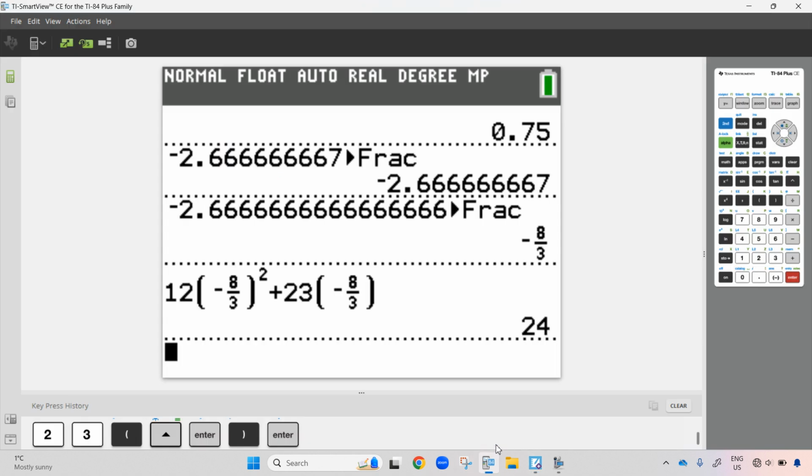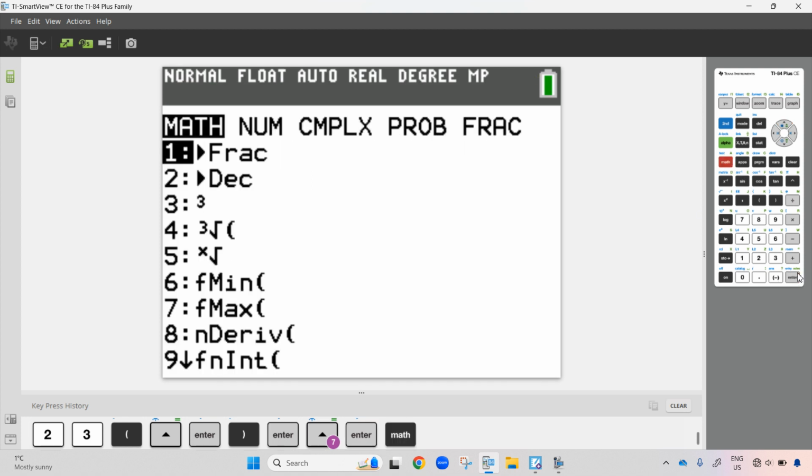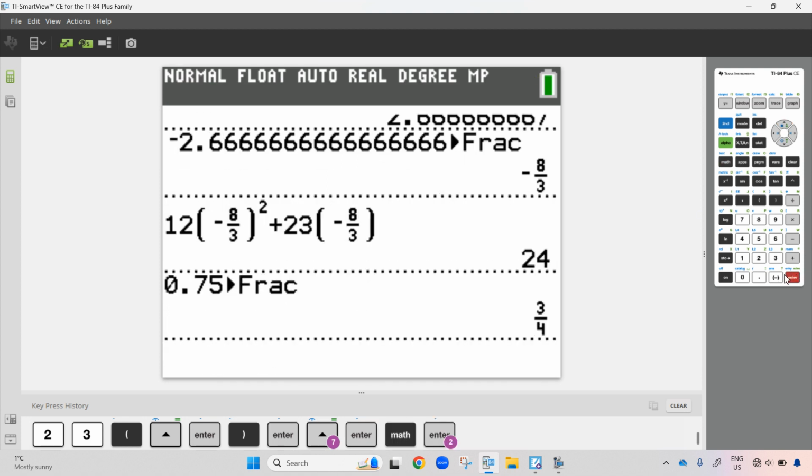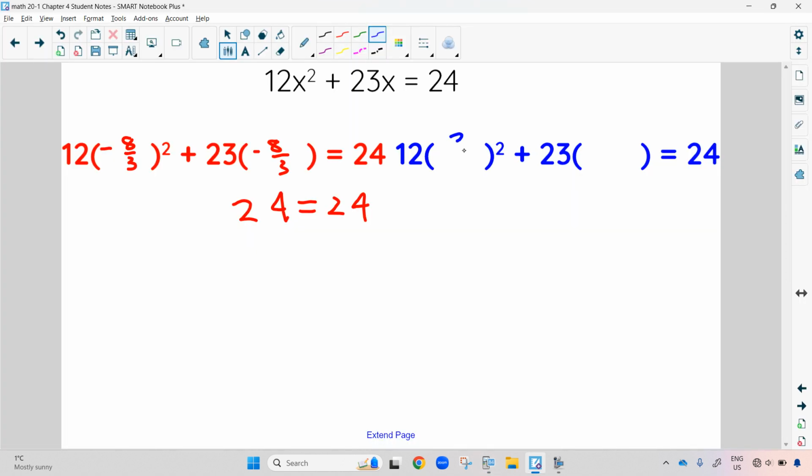Okay, back to my calculator again, and my other answer was 0.75, which I know is 3/4, but just in case you want to verify it, there it is at 3/4. So over here, I'm going to do 3/4 and 3/4. And I always go to the original equation again, just in case I made a mistake when I was isolating.